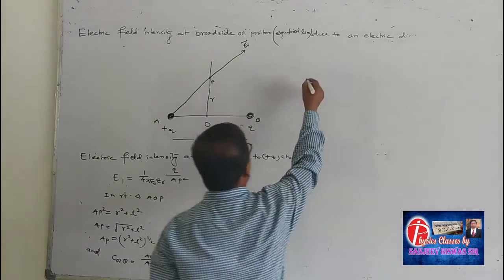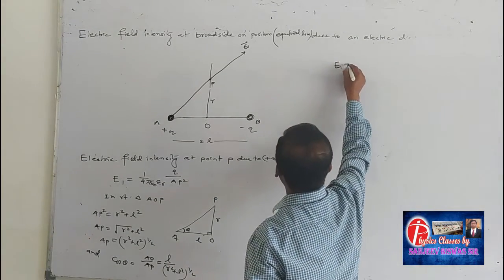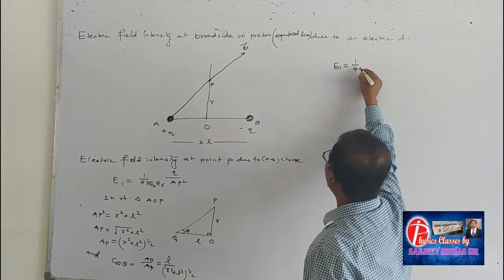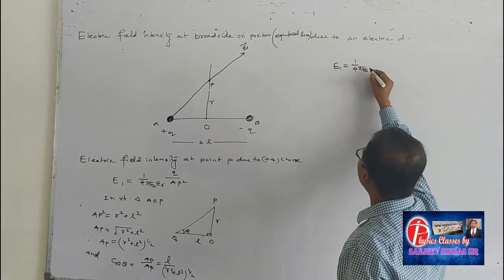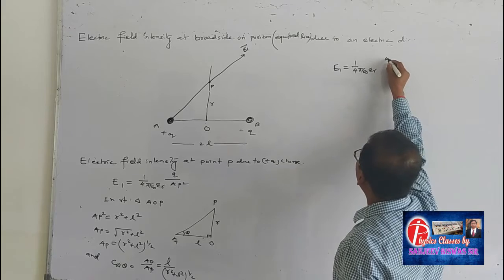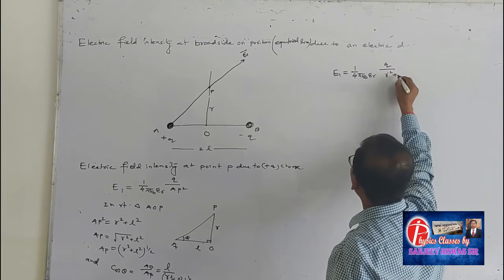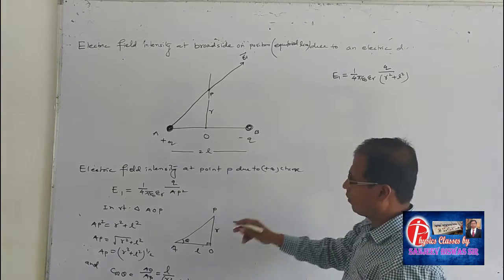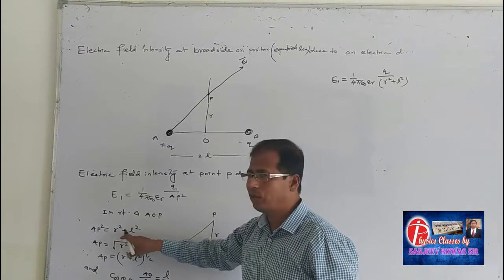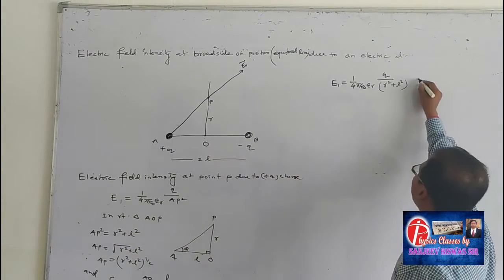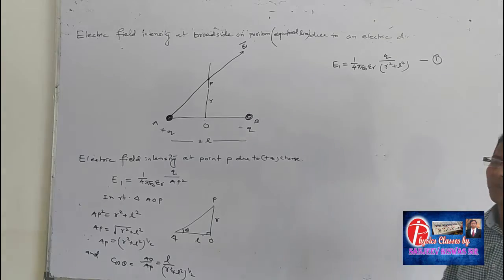Therefore E1 is equal to 1 by 4 pi epsilon 0 epsilon r q upon r square plus L square, because the value of AP square is r square plus L square. Let this be equation number first.